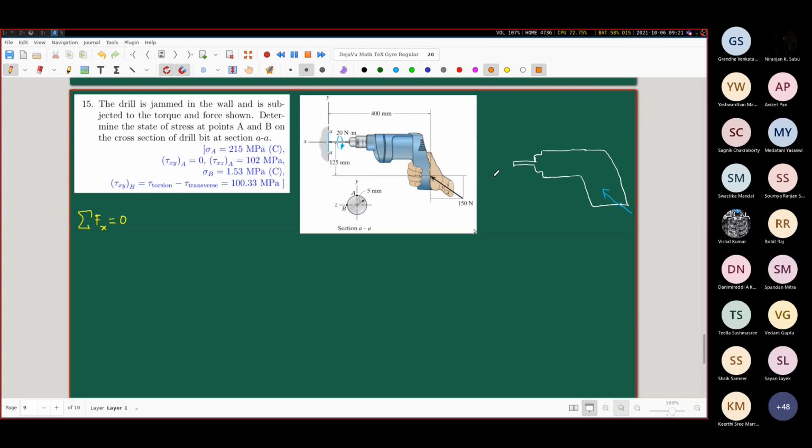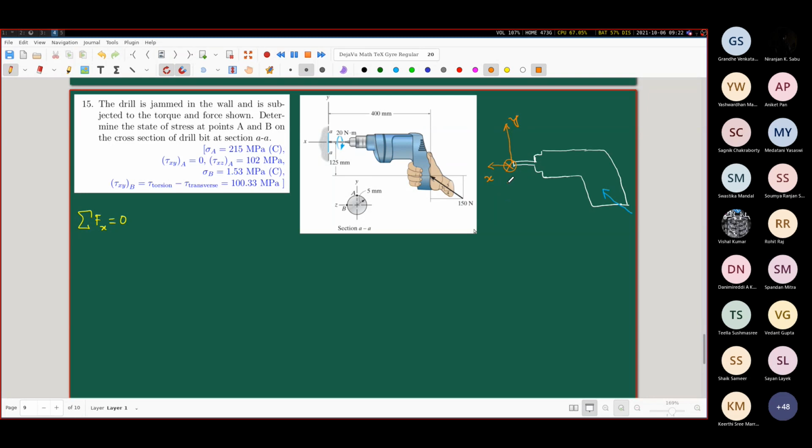This is our x-axis, because in a free body diagram, we must always respect the coordinate axes. These are the x and y. Now, the z-axis is pointing into the screen, because usually we consider a right-handed coordinate system. So our z-axis will be pointed into the screen, represented by this cross mark, as if an arrow is going into the screen.